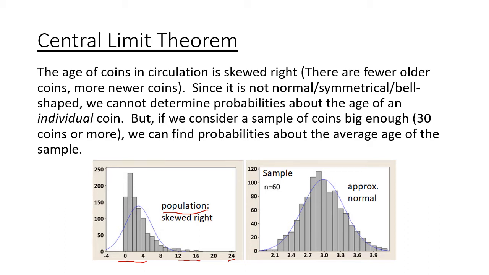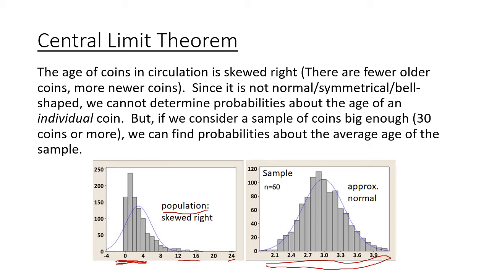Now, if instead of looking at an individual coin, I were to average the age of the coins in my pocket, that average is going to end up being normal. And so again, look at that population, right? We know that we're between 0 and 4, where most of the data lies. If I were to look at 60 at a time, clearly most of the averages are going to be between 0 and 4.